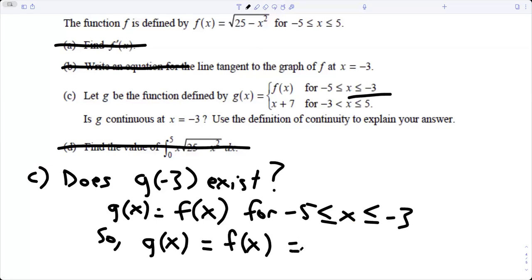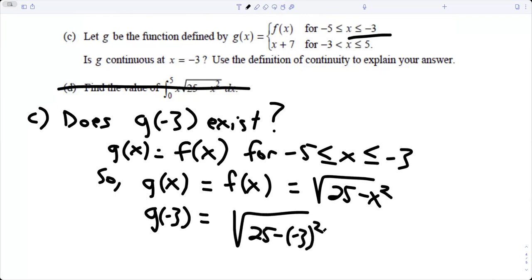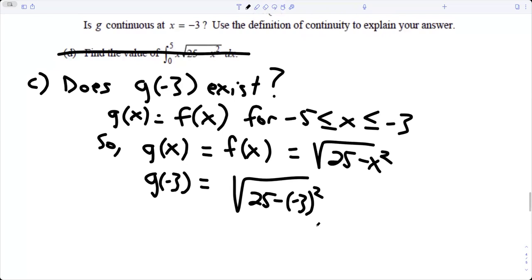Look at the top. It's defined as the square root of 25 minus x squared. Yes? So we want G of -3. So I'm going to take -3 and plug it in. So I've got the square root of 25 minus -3 squared. -3 squared is 9. 25 minus 9 is 16. Square root of 16 is 4. Therefore, G of -3 is equal to 4.